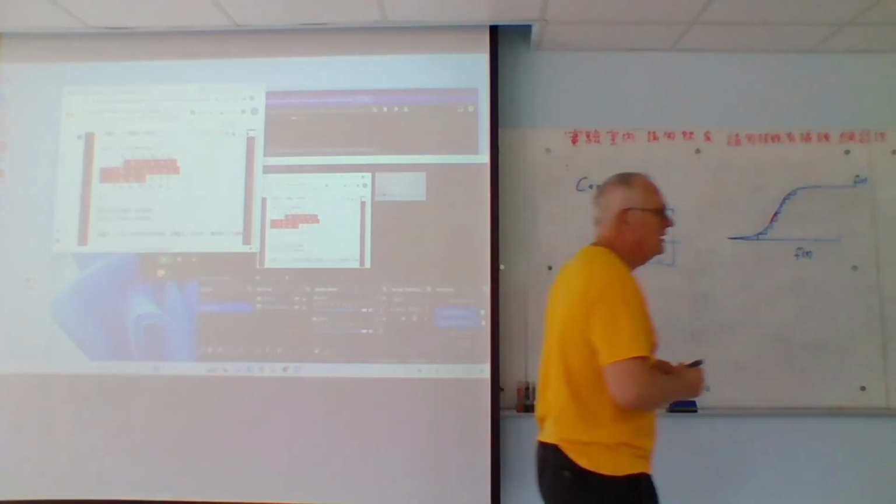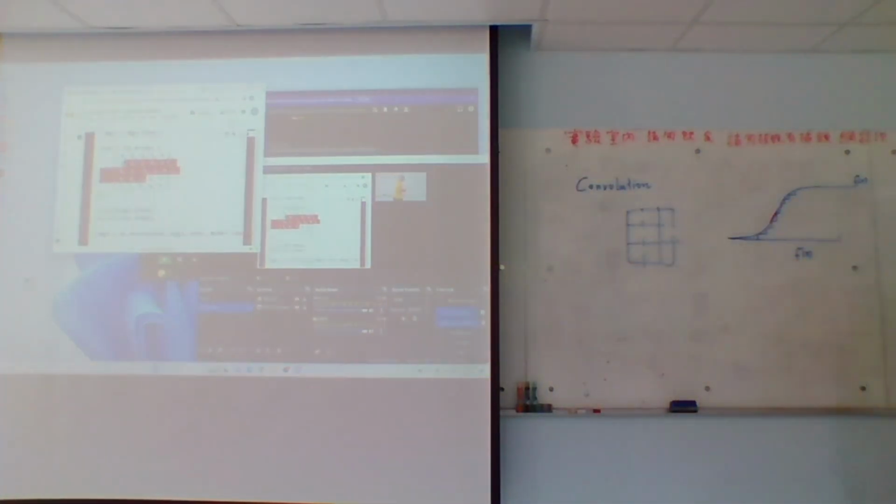And we can calculate that using a convolution mask. Like this, for example, on a single row.